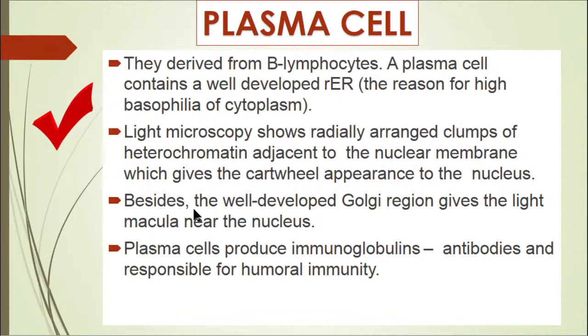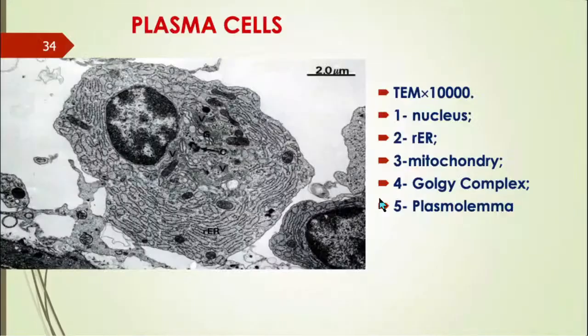We have seen the Golgi region with a high macula near the nucleus, and the nucleus of plasma cells resembles the wheel of a bicycle, because we have the special heterochromatin spots resembling a bicycle wheel.